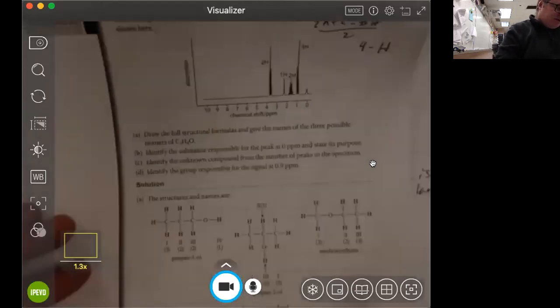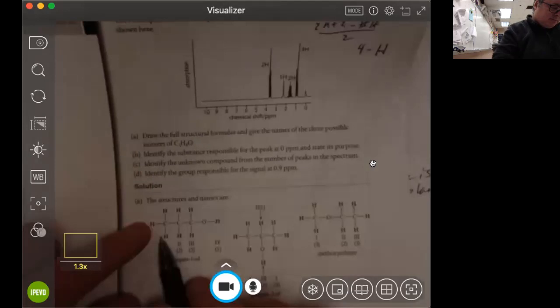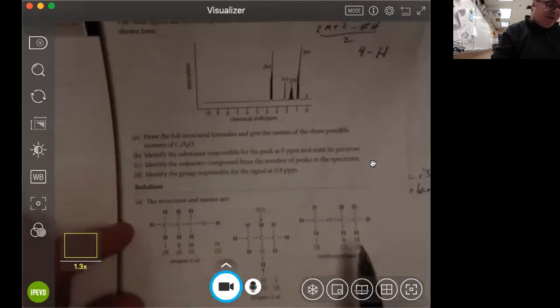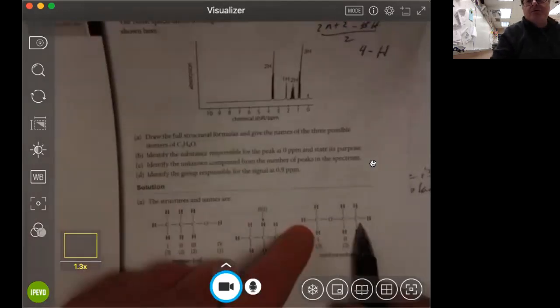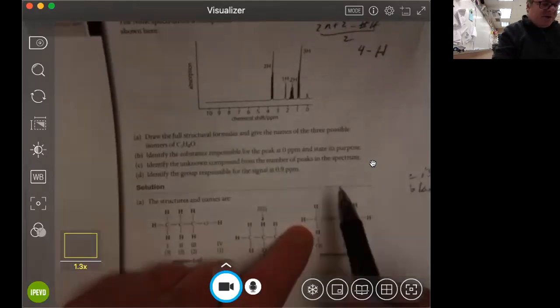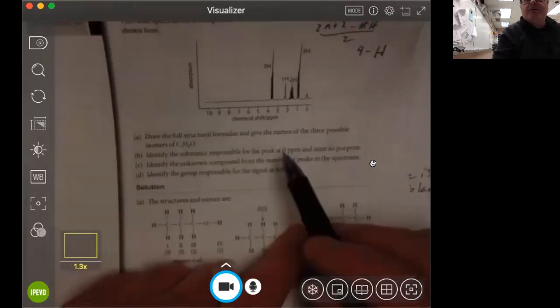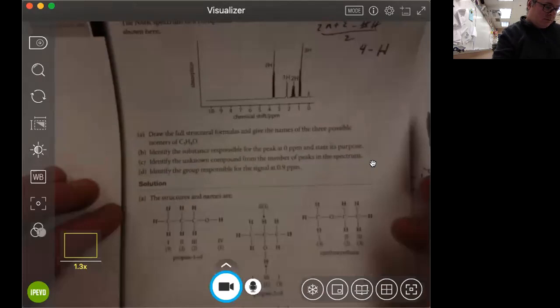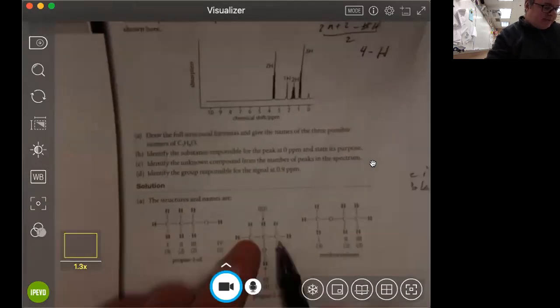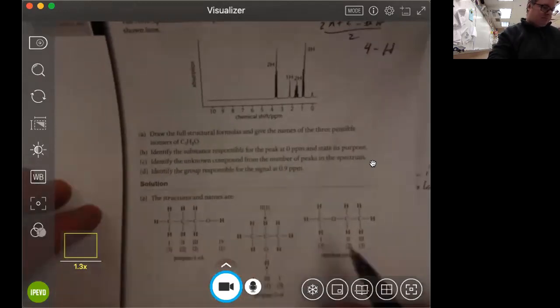Why won't those show up? They will, but they will shift over. They won't be at 0.9 to 1.0, not for the middle one, because this O being attached to that C may shift them over as well. So it even affects those?